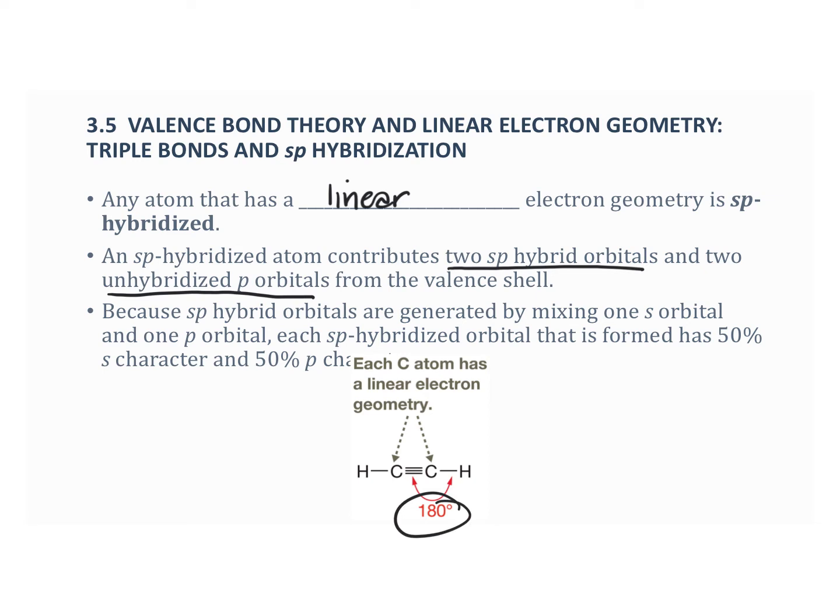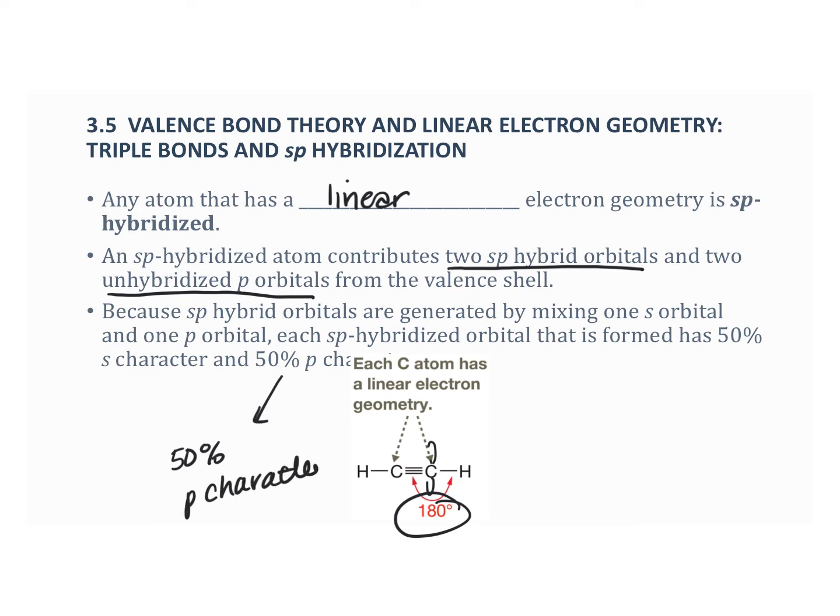You have 2 unhybridized p orbitals that are perpendicular to the sp orbitals and perpendicular to each other. Now, because the sp orbitals are generated by mixing one s and one p orbital, each sp has 50% s character and 50% p character.